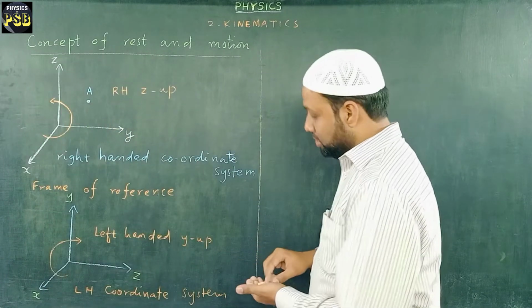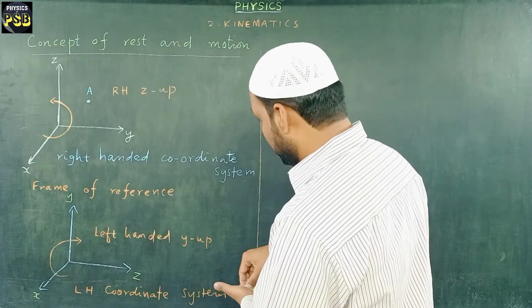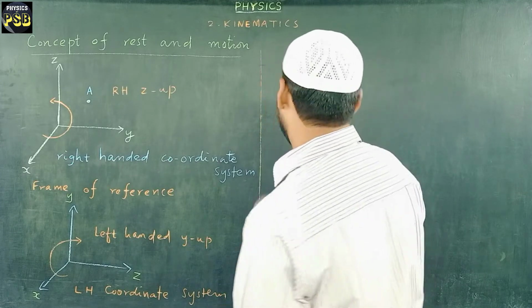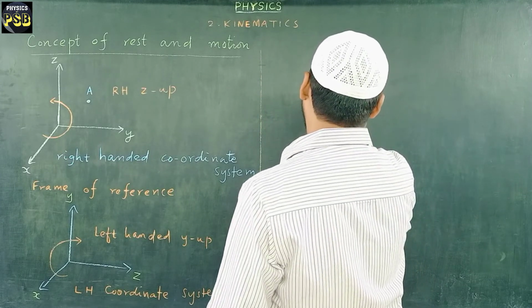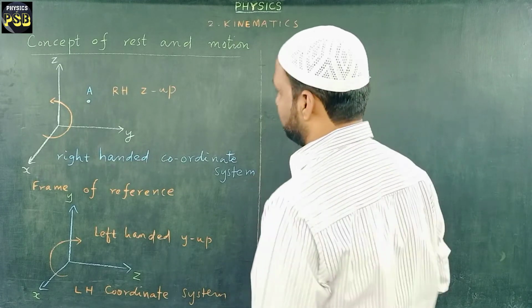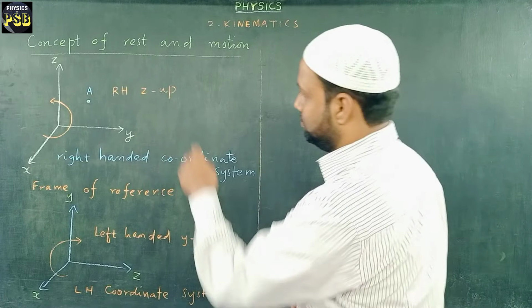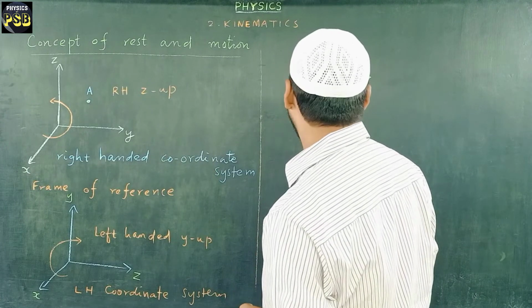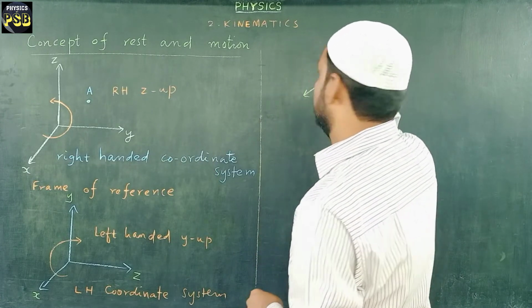Then I'll show you a few other types of coordinate systems as well. Well, if I draw a coordinate system like this, I'll take this one as the right-handed coordinate system.